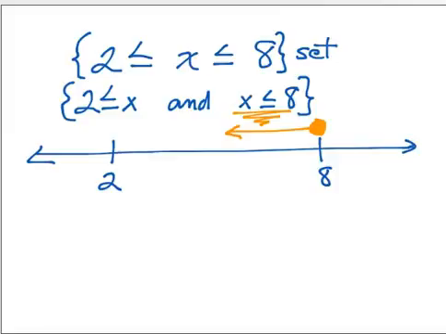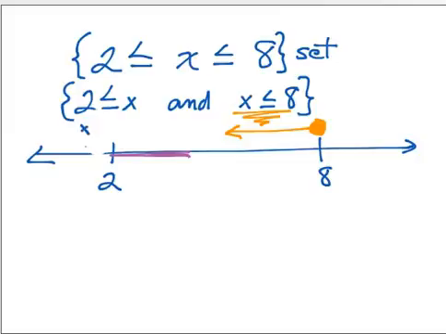Alright, over here I have 2 is smaller than the numbers I want. 2 is smaller than or equal to 3. Or 2 is smaller than or equal to 4. So we're talking about numbers that go this way. Again, it's a little easier for some people if they rewrite it.